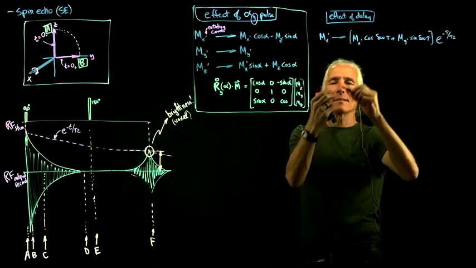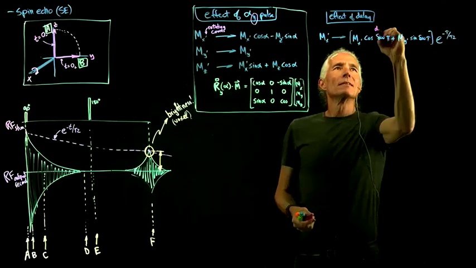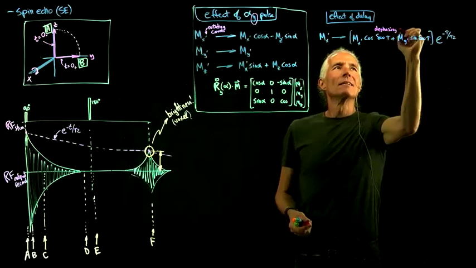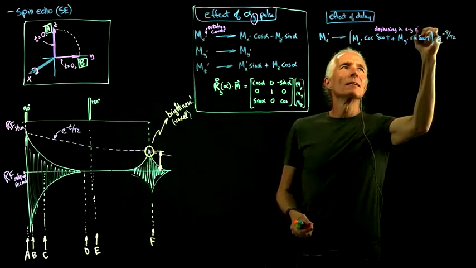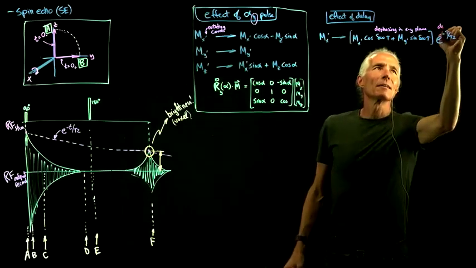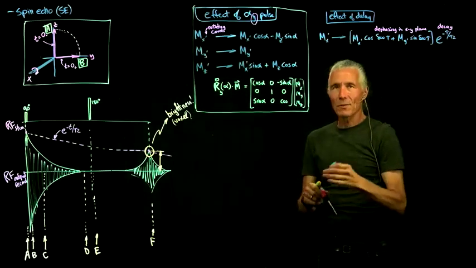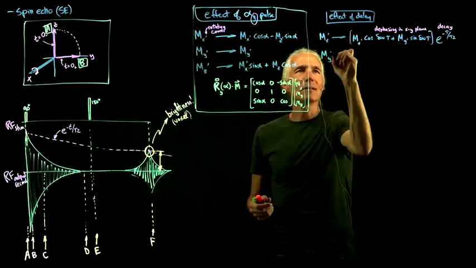And so this guy is dephasing in the XY plane, and this guy is decay in length. And so the X and the Y component will decay in length. So here's the Y component.